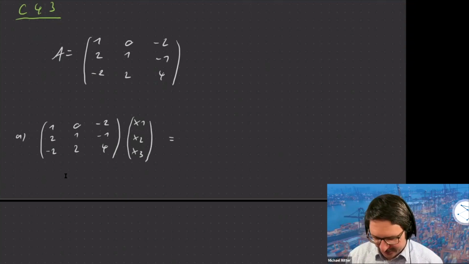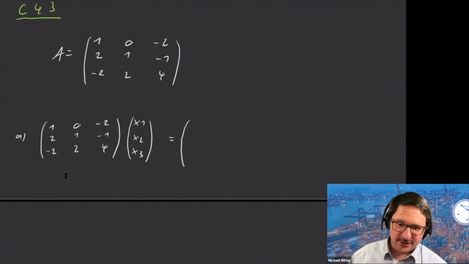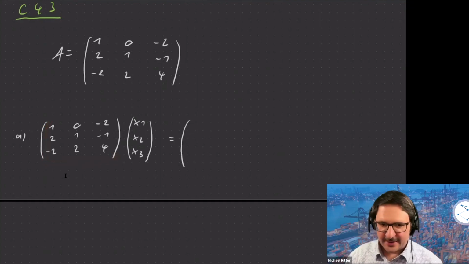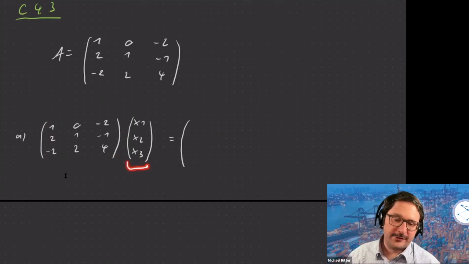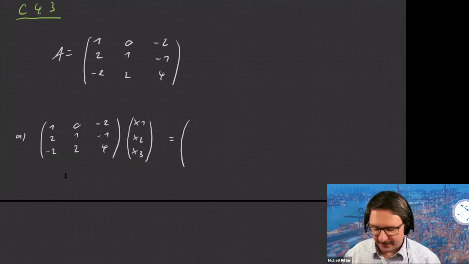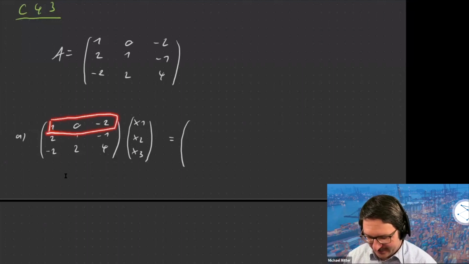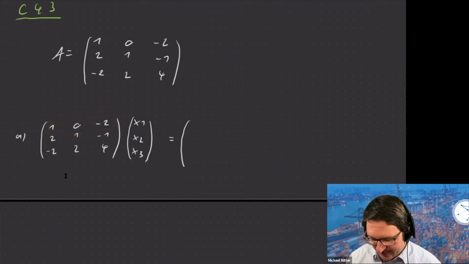What do you get? By the rules of matrix multiplication, the result will have the same number of rows as this left matrix here. So we have 3 rows. And the same number of columns as the right matrix, that will be 1 column. So the result will be 3 by 1. Then how does multiplication work? What we do is, for each row of the result, we take 1 row of the left-hand side here and multiply it with the entries in that column.